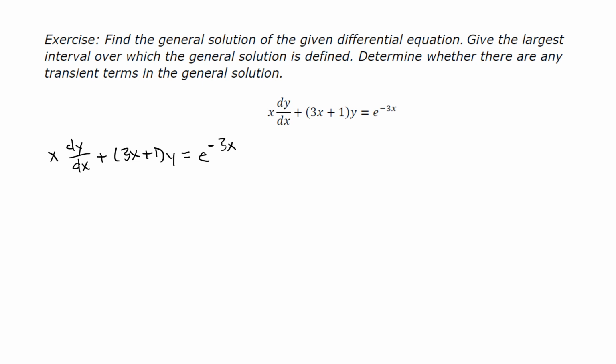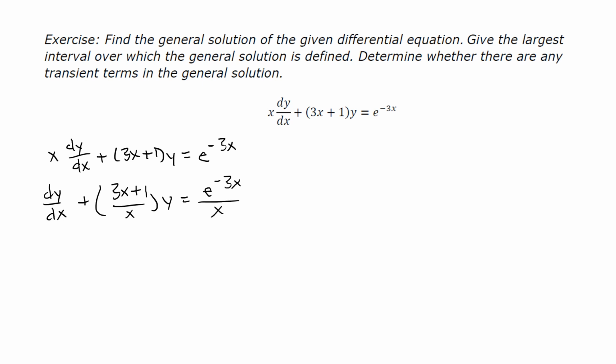So our first term here must only be the first derivative of y. So we need to then divide every term by x. So we'll have dy dx in our first term plus 3x plus 1 over x y equals e to the power negative 3x over x.